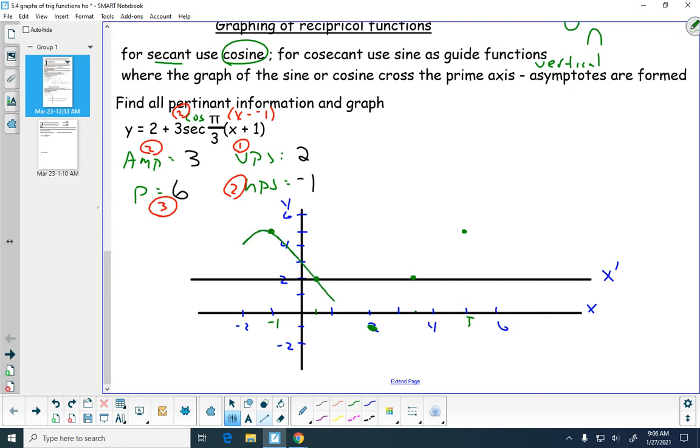If I complete my cosine curve, wherever we cross the prime axis, we will have vertical asymptotes.